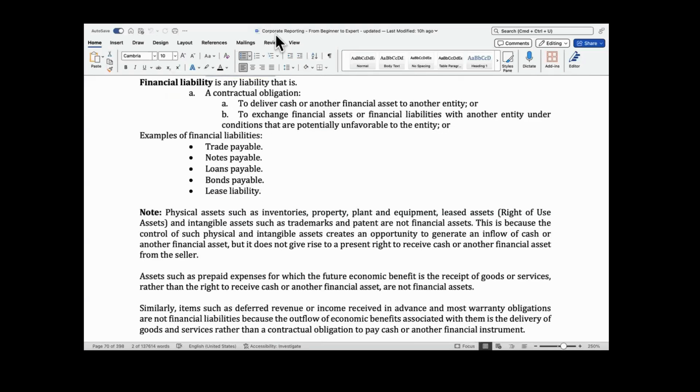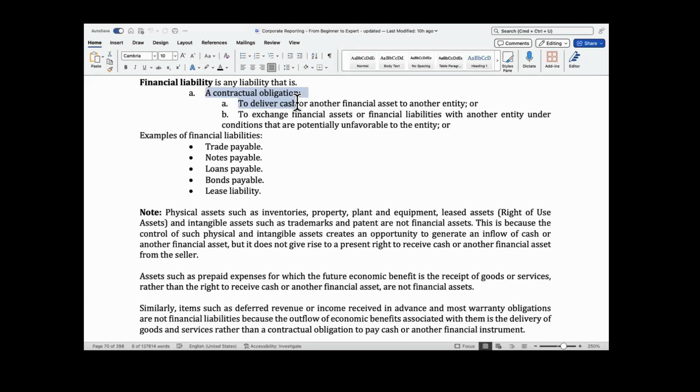Now, a financial liability is any liability that is a contractual obligation to deliver cash. Very important. Contractual obligation to deliver cash. This is a very strong sentence here, and it applies at every point in time.